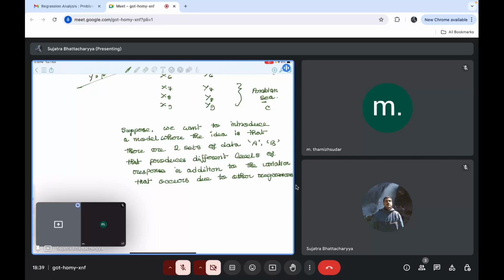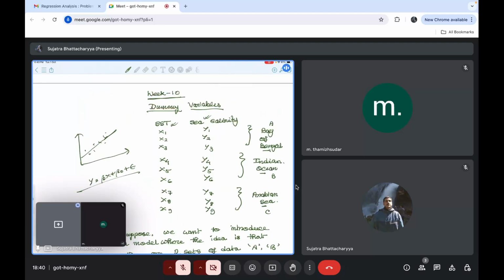Now you have two sets of data, just like what I have explained. Suppose you have the Bay of Bengal and the Arabian Sea, let us say A and C. These are two sets of data, and you have some observations. When you are fitting based on all the data, you will find out that the residual term, that is e_i, y_i minus y_i hat, the fitted response minus the observed response, shows a significant difference between them.